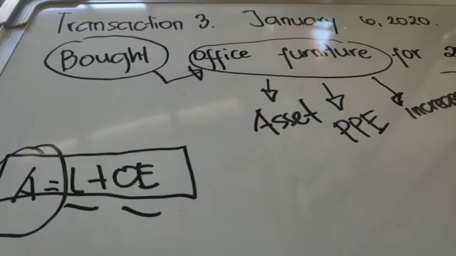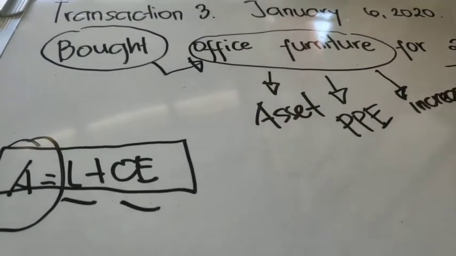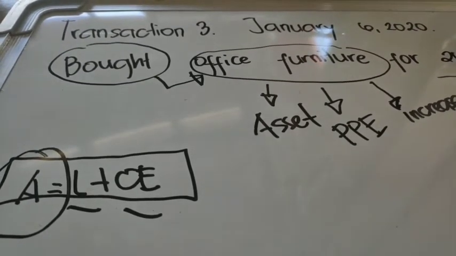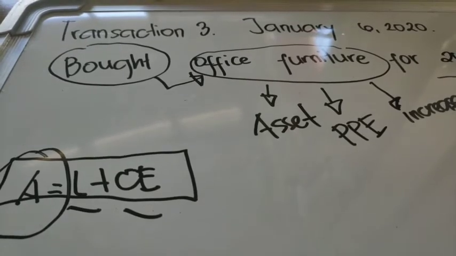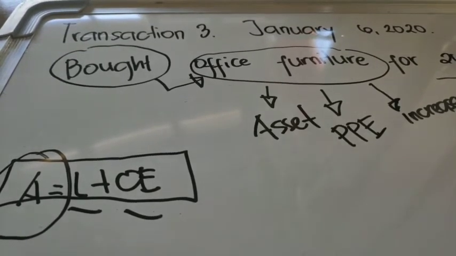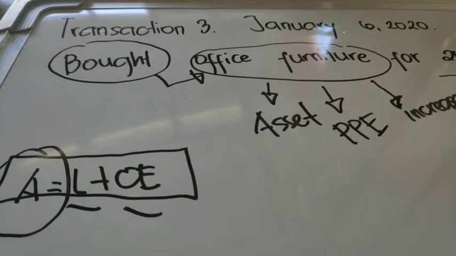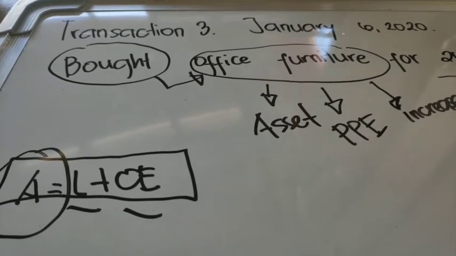So what will be the effect on the asset? We go back to the normal balances of the asset accounts to understand where to put it. Is it on the debit or the credit?